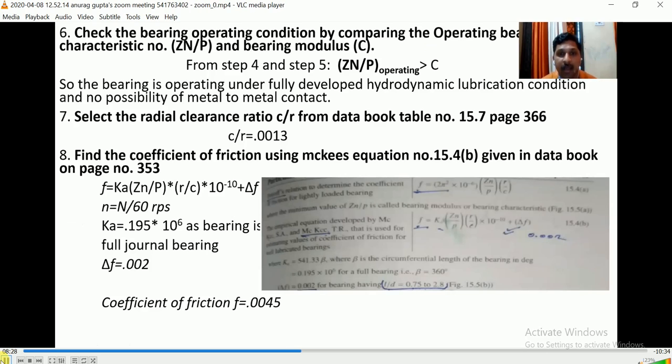Now we will check the condition: whether the bearing is in partial lubrication or fully developed hydrodynamic lubrication. Comparing the operating ZN by P with the bearing modulus, we find that the operating ZN by P is greater than the bearing modulus. That means the bearing is operating in fully developed hydrodynamic lubrication, and there is no possibility of metal to metal contact.